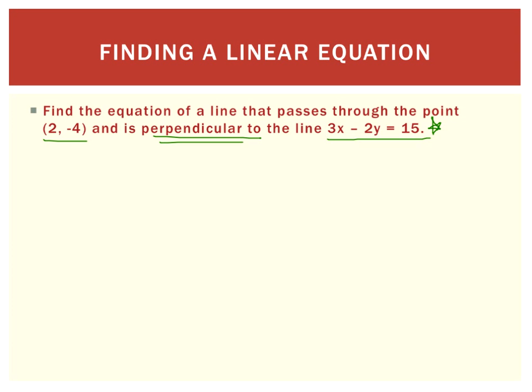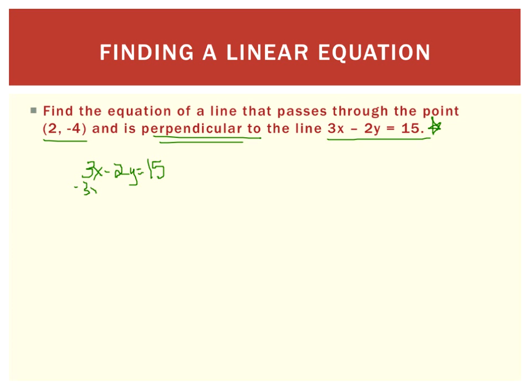Good, we're going to go back to our handy dandy y equals mx plus b. So I'm going to start with 3x minus 2y equals 15, and put it in y equals mx plus b, or slope-intercept form, because that's going to tell me what the slope is.